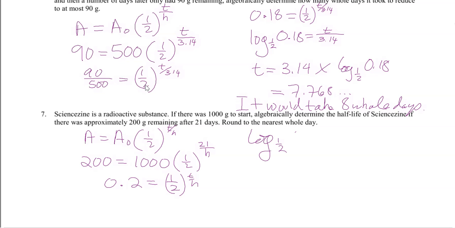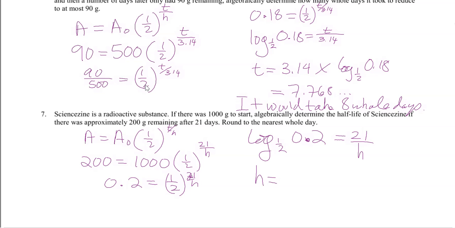So log base 1/2 of 0.2 is equal to 21 over H. When you get an expression that looks like this and you want to solve for H, just interchange these two, or multiply both sides by H and then divide both sides by this log 1/2.